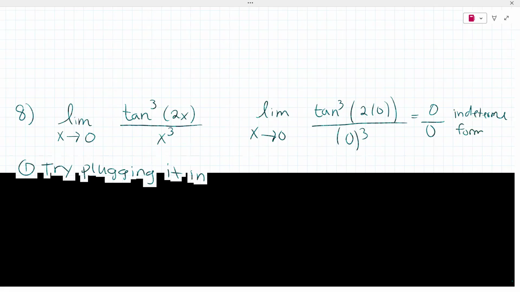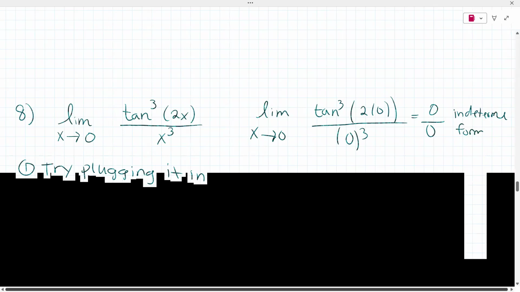So what are we going to do? We could try rewriting it so that it's related to one of our special trig limits. I think it's going to be the limit of sine of a of x over b of x.